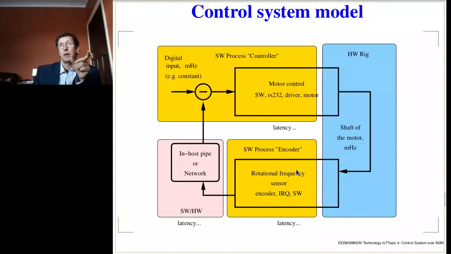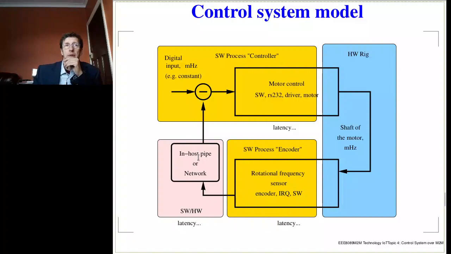Because you need to count the number of pulses in a unit of time, right? So if this unit of time is long enough, then you'll be producing the measurement result always late by this kind of interval. So there will be a latency there, and well, still there will be latency here.